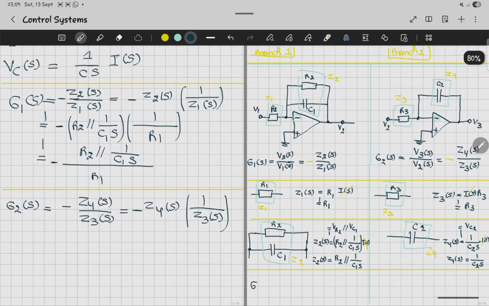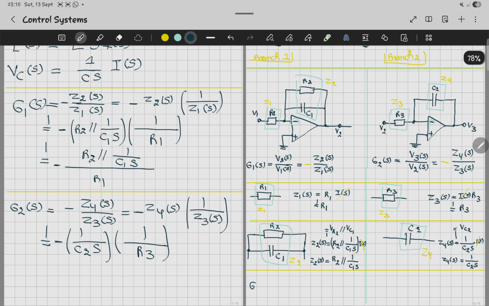And if you write it correctly, it's going to be negative: what is Z4? Z4 is 1 over C2 S, times... what is Z3? Z3 is going to be R3. Okay, so this is what you get for J2.